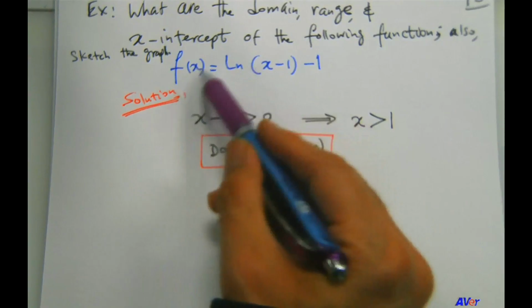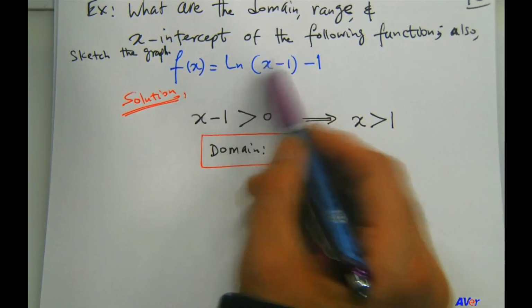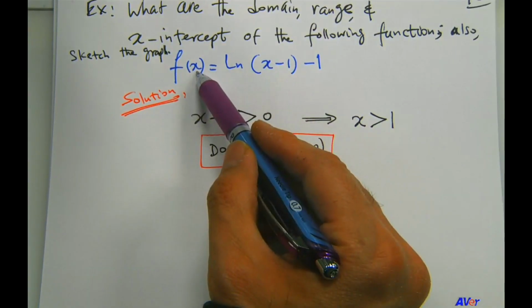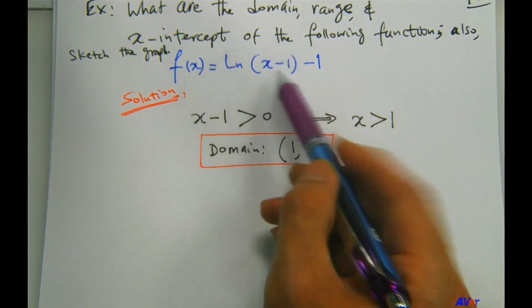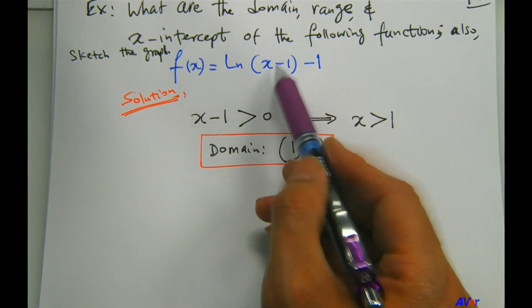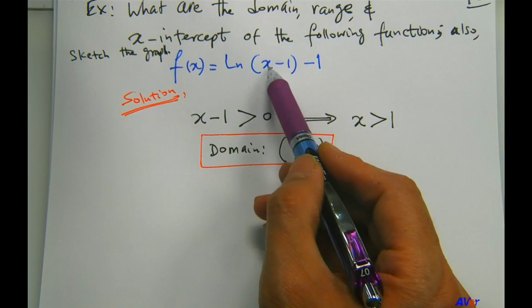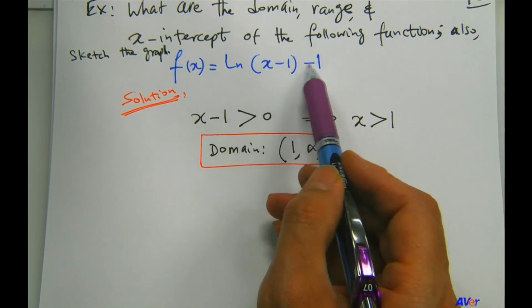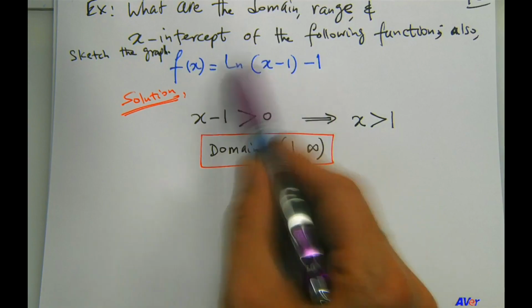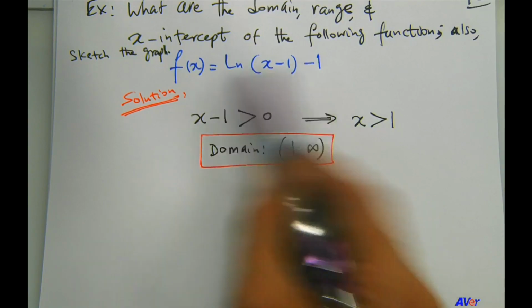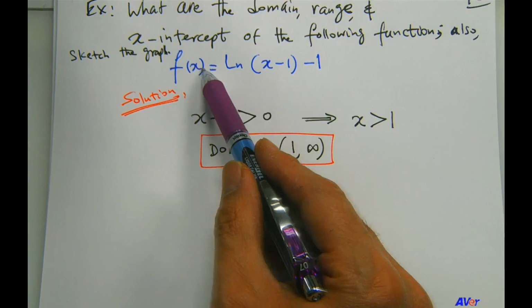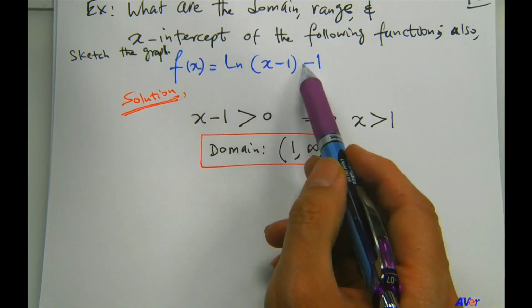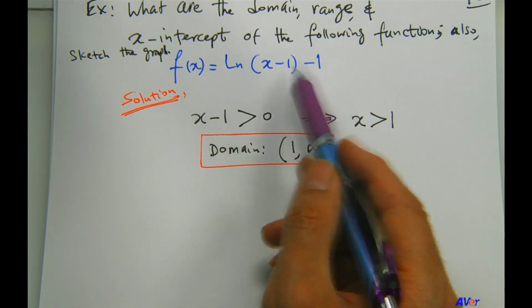The range, however, is there any restriction on the range? Well, if the value is small enough, we can have a negative value for f of x. It could also be a positive value.